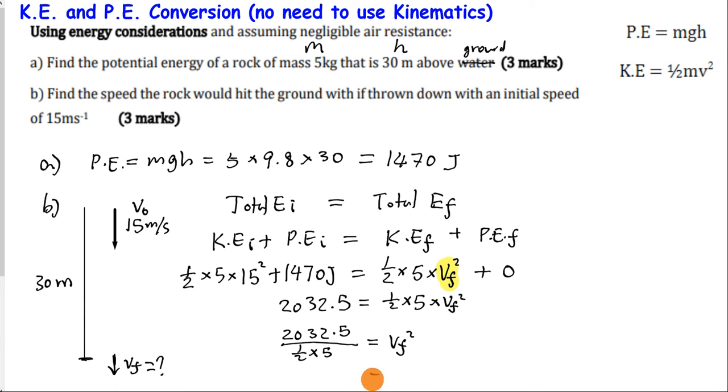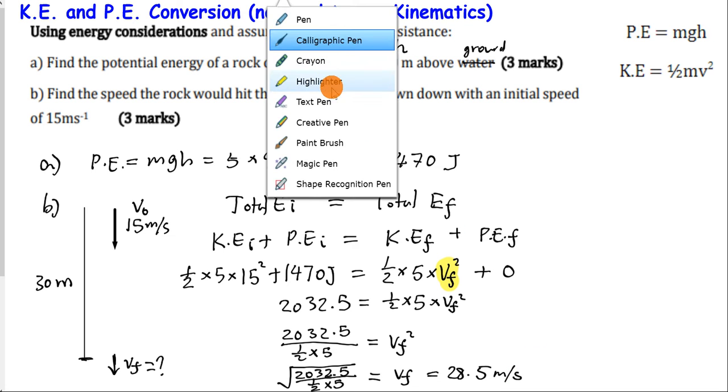And then take a square root of that expression, will give you the final velocity. You can see a lot of times I don't really put a lot of intermediate steps in the calculator because I can always do that at last when I've got all the numbers sorted. Putting all the left side there into the calculator gives me the number of 28.5 meters per second. And that's the question done.